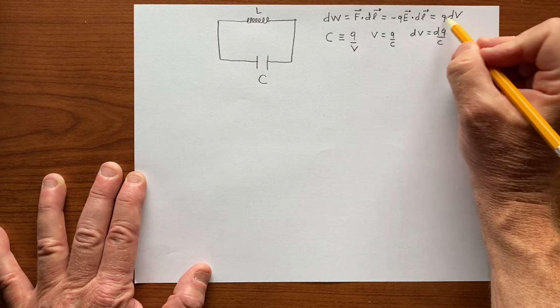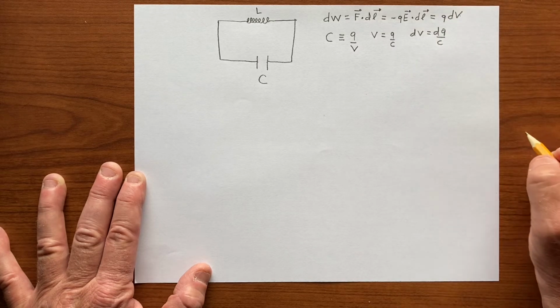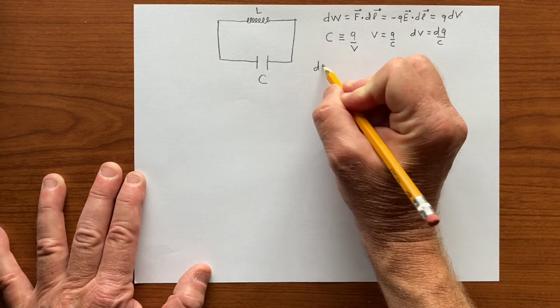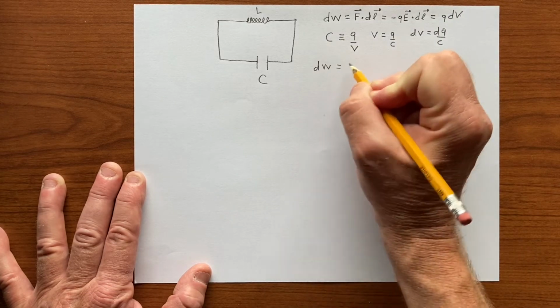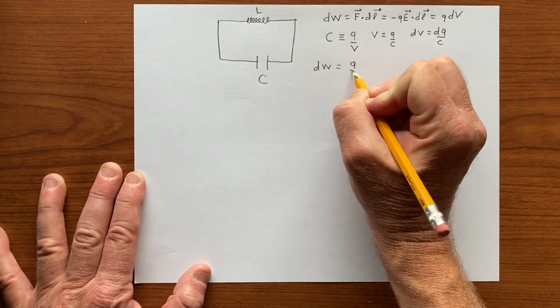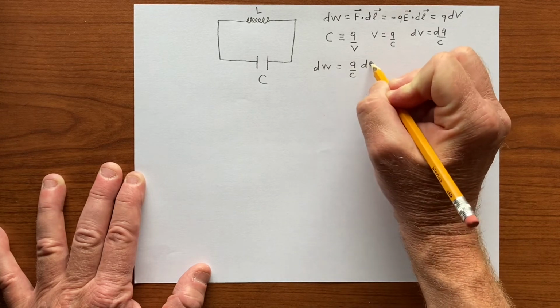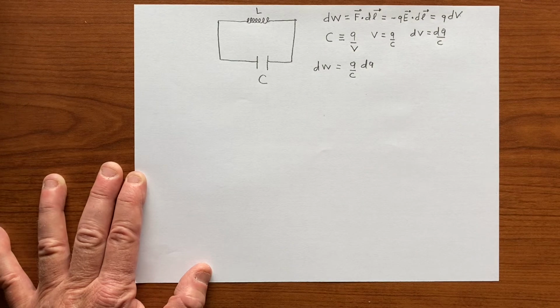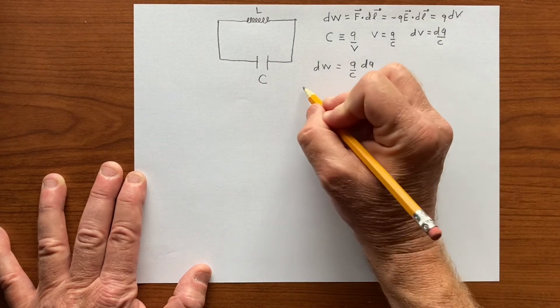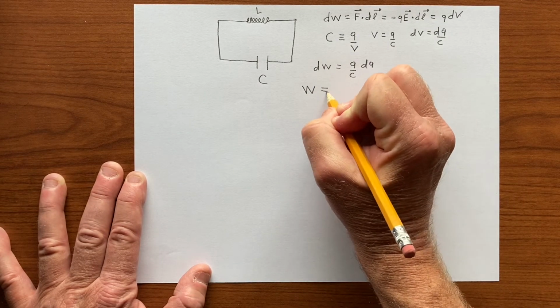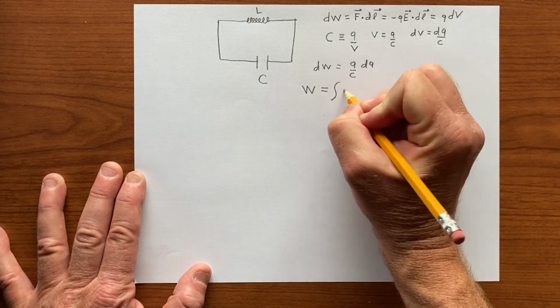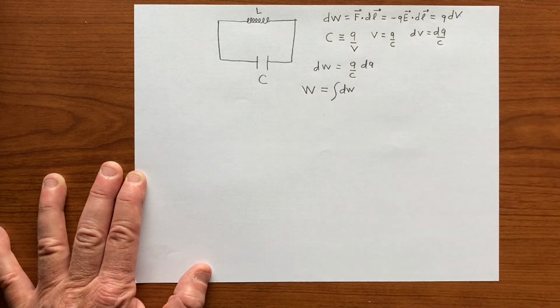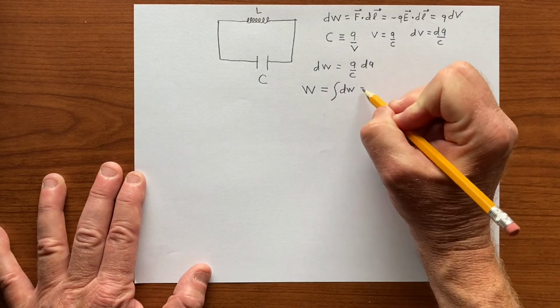These two things are not independent of each other, and so our little bit of work is Q over C dQ, and that's what we want to integrate, so that the total work, and therefore the energy that's stored, is going to be the integral of these little bits of work, to take little bits of charge and put them on the capacitor plates.